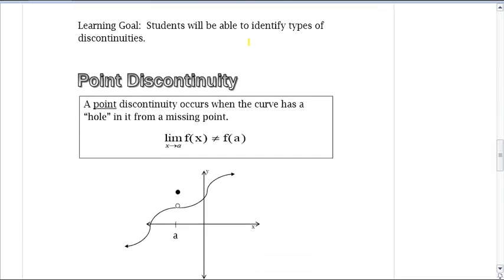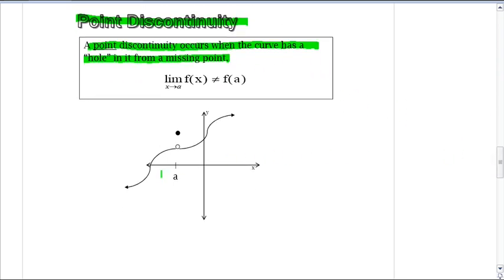Let me grab another highlighter color here. Let me grab Mr. Green. Okay, point discontinuity. A point discontinuity occurs when the curve has a hole in the form of a missing point. So let's check this out. We have the limit as x approaches a of f of x is not equal to f of a. So I have some ordered pair, but it doesn't fill in the hole that I have.